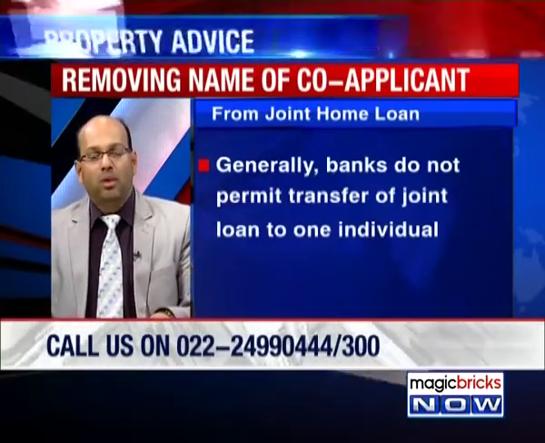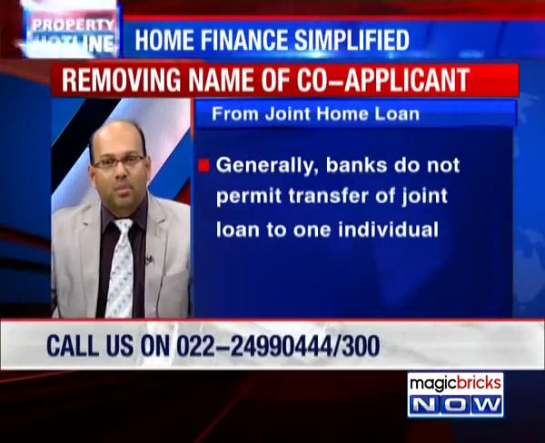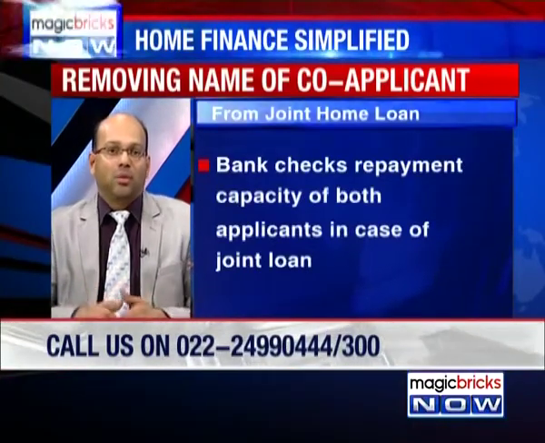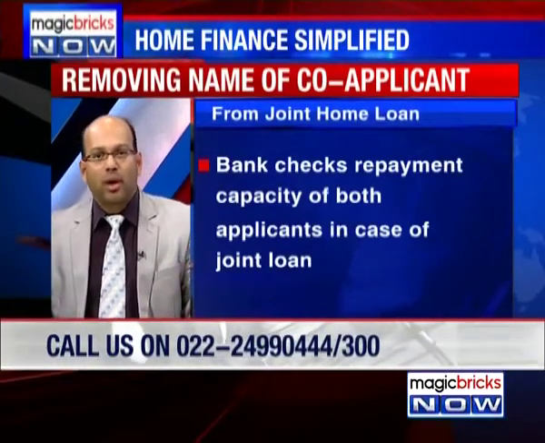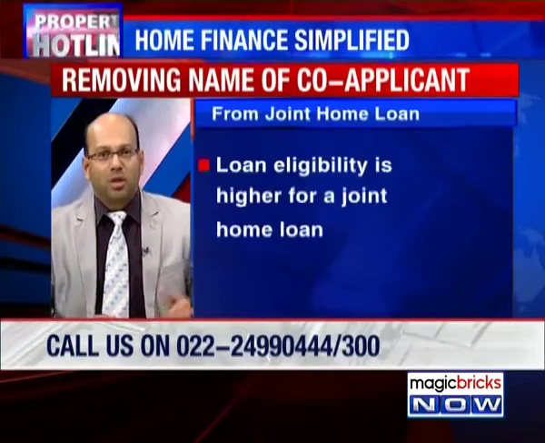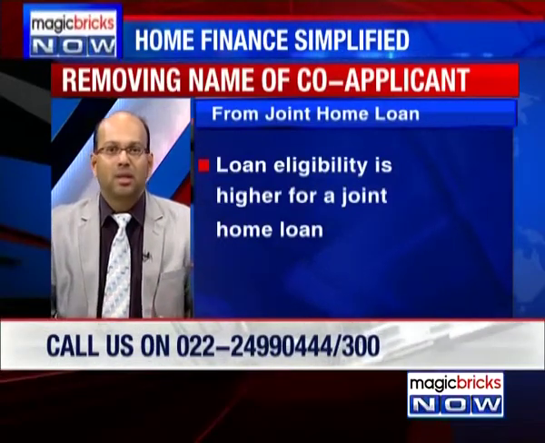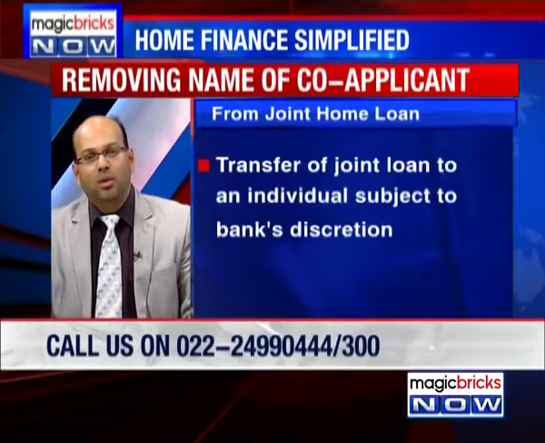When they do that, one person, whoever wants to exit this loan arrangement, would have exited, and the other person would then have the total liability. So the one who is going out will be discharged of his liabilities, and the one who is staying in will have additional liability. But that is again provided your income criteria suffices for the banking institution or the NBFC who has lent the money. So that is one thing that you need to understand.